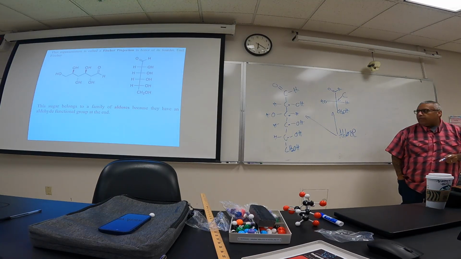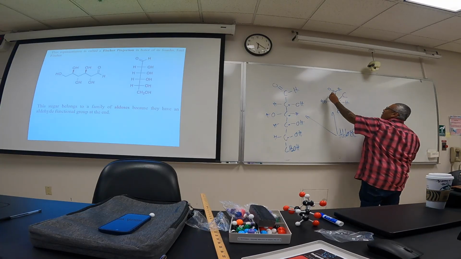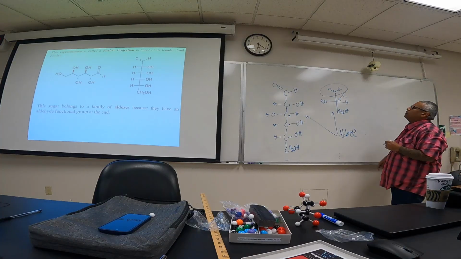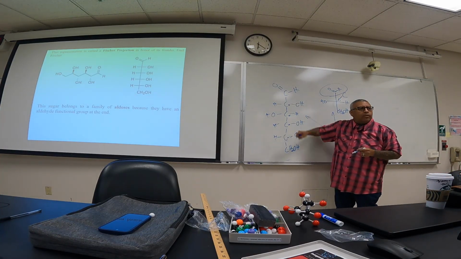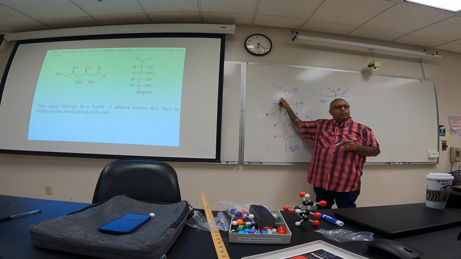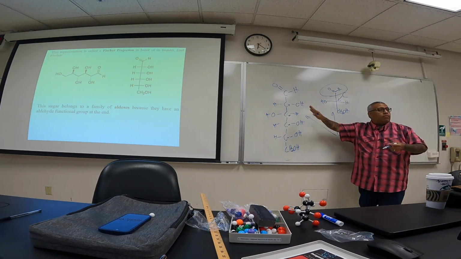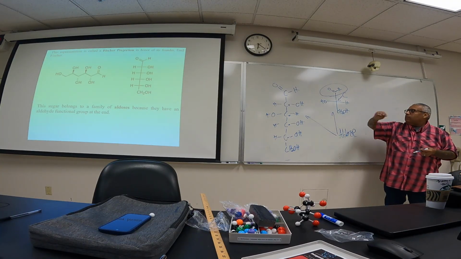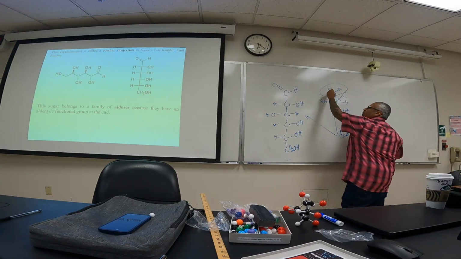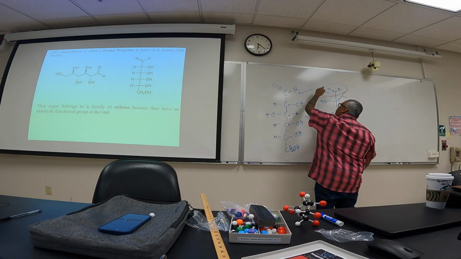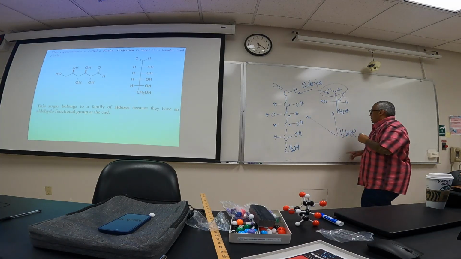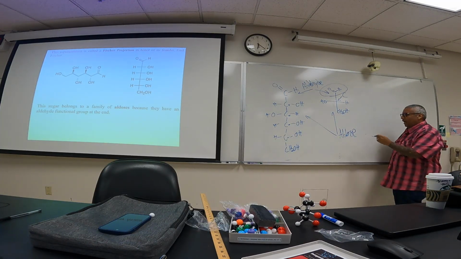aldoses, right? Why would we call these an aldose? Anna, why would we consider this to be an aldose? What's this functional group? It's an aldehyde. So because these carbohydrates here, because these saccharides here have an aldehyde functional group, this is why we consider them to be aldoses.